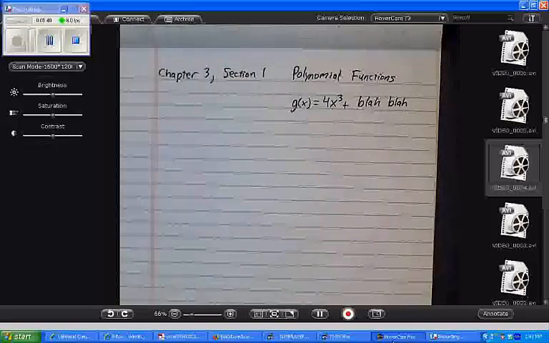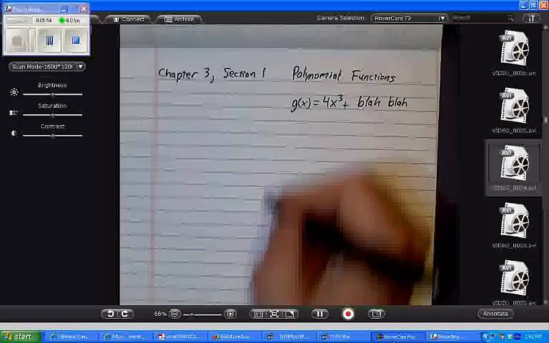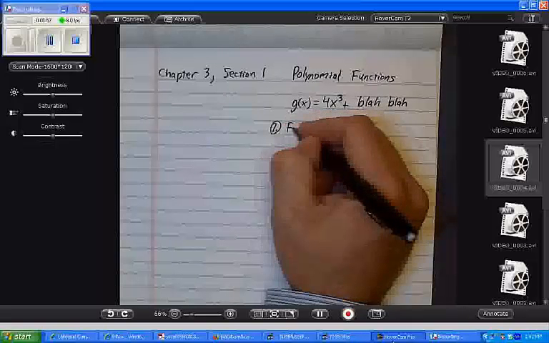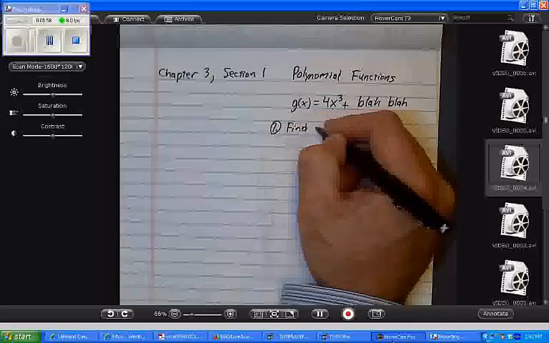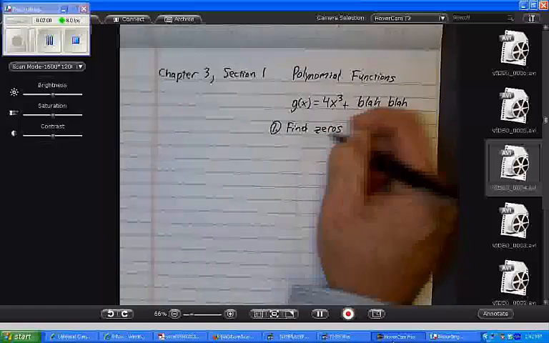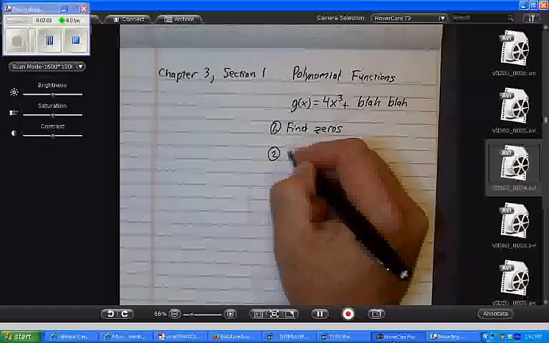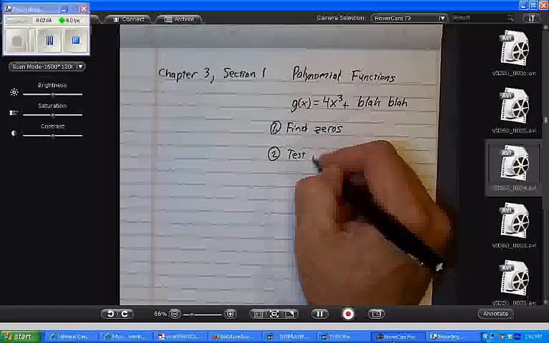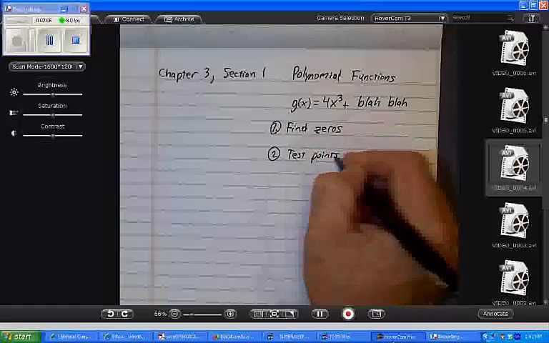What we just did, the idea of a sign diagram, can be very helpful. Now, what were the two steps for the sign diagram? We had to find the zeros, and then we had to use test points. You guys with me?